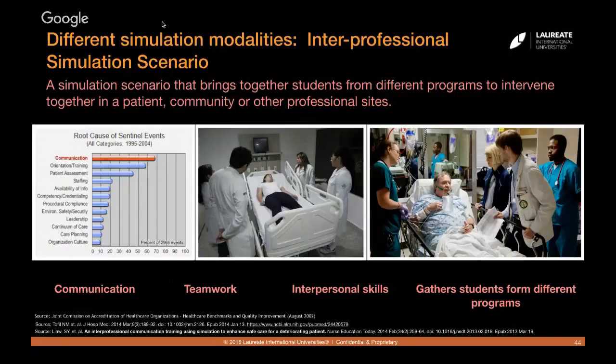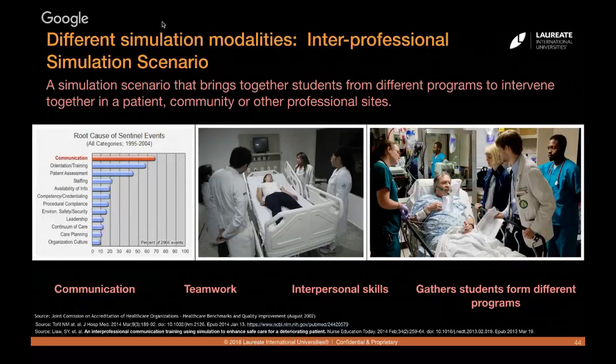It calls for communication, teamwork, interpersonal skills, etc. And sometimes it's very challenging to put in practice because of the huge logistics. You need to gather students from different programs which have different classes agenda, and you need to combine professor times. So sometimes it's a little bit challenging.